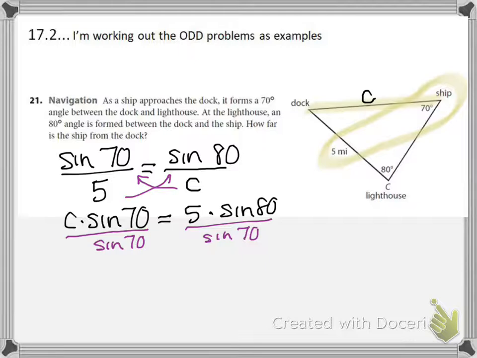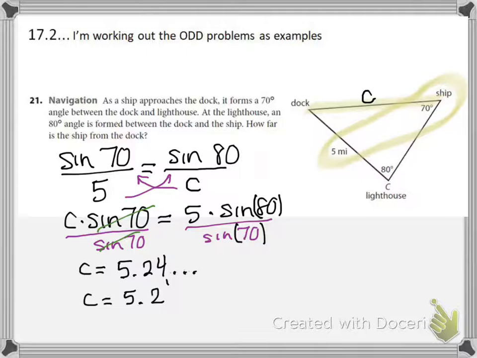Okay, I'm trying to get the c by itself. So now I have c equals, and I have to grab my calculator, and I have to do 5 times sine 80 divided by sine 70. In my calculator, the parentheses matter, so I'm going to throw those in there. That gives me 5.24, I don't know after that. 5.2, because 4 is not big enough to push it over.